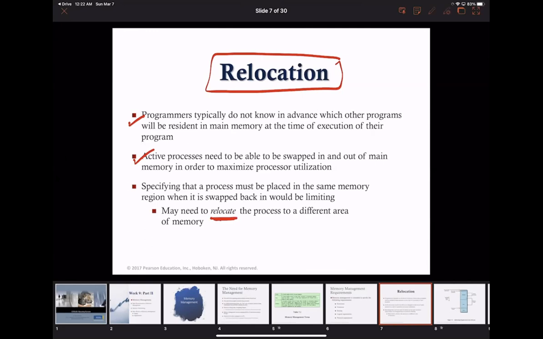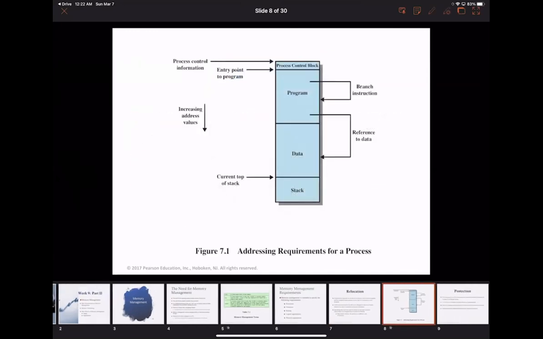So we can't know ahead of time where a program will be placed, and we must allow for the possibility that the program may be moved about in the main memory due to swapping processes. These facts raise some technical concerns related to addressing, as we can see in the following figure.